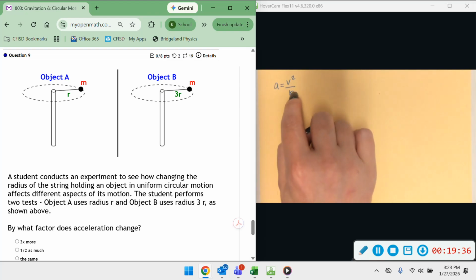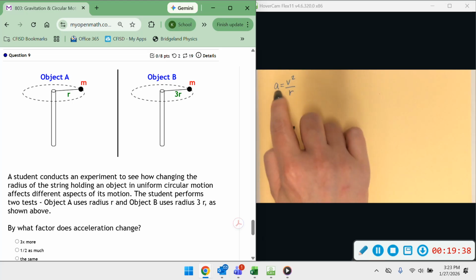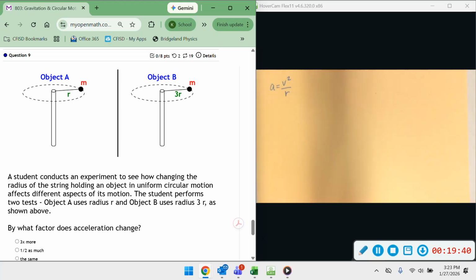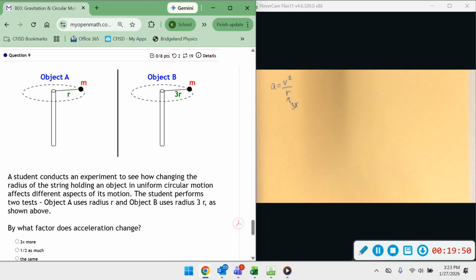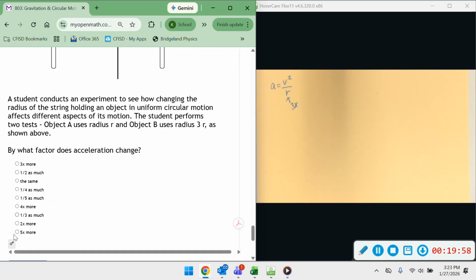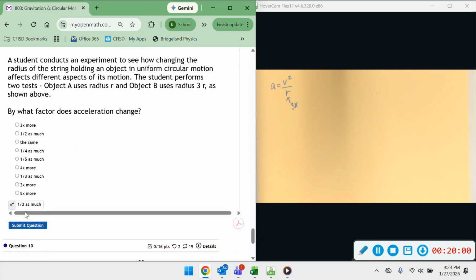Increasing the radius means dividing by a bigger number, which means a smaller acceleration. So they're opposite each other. Therefore, if I was to have 3 times the radius, I'd be dividing by 3 times as much, and if I divide by 3 times as much, I expect to get 1/3 the amount of acceleration. So by what factor does the acceleration change? It should be 1/3 as much, which is in fact the answer to this question.